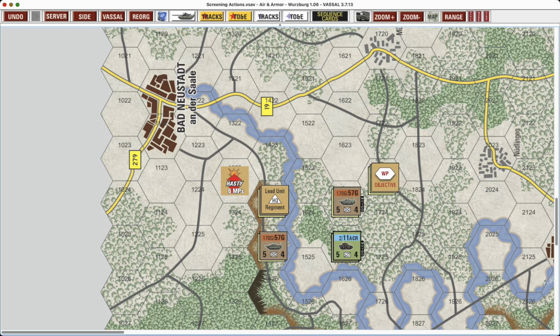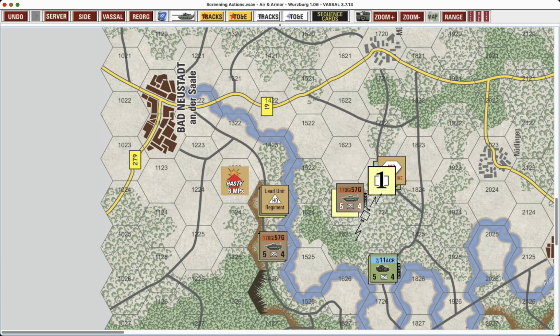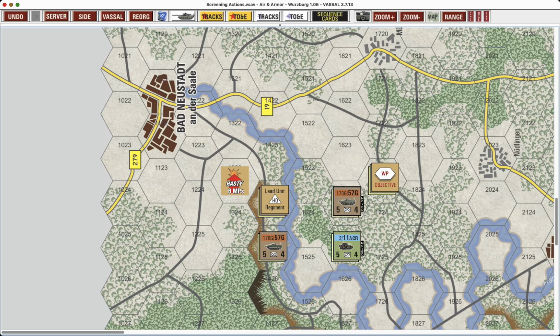If the screening action succeeds, then this Warsaw Pact unit is halted and both of these units must drop back, and they would both flip to their use side. If the screening action failed, then this unit would not be used immediately, and it could continue its movement. It was 3, 4, and it could go 5, 6, with neither of these units able to screen.